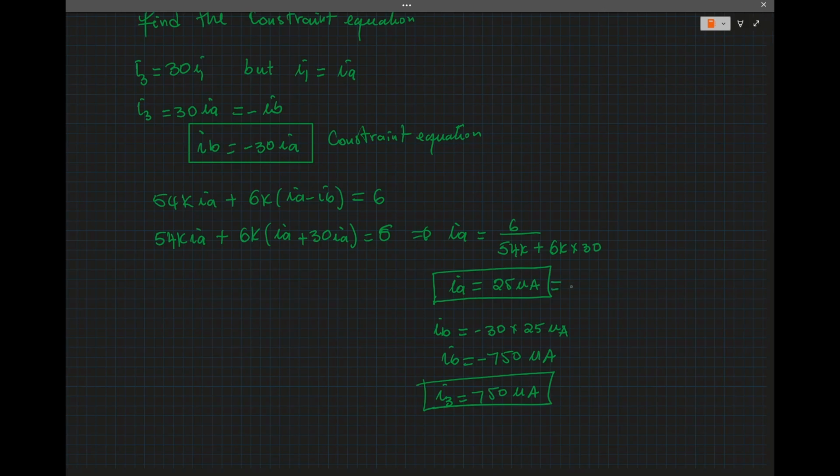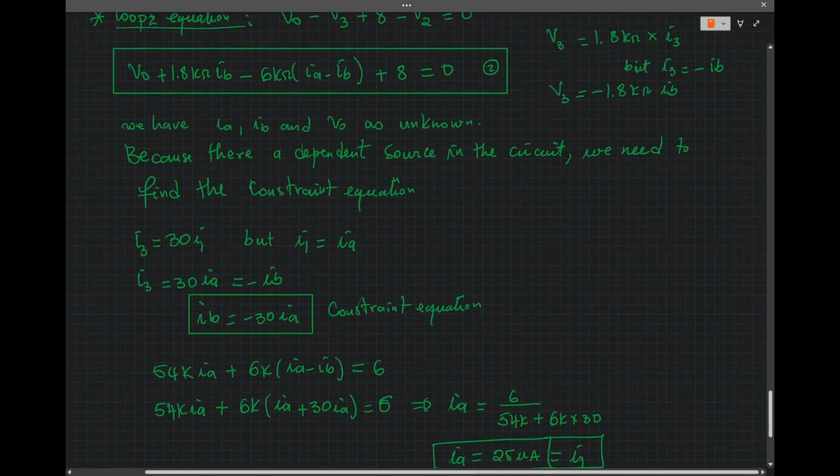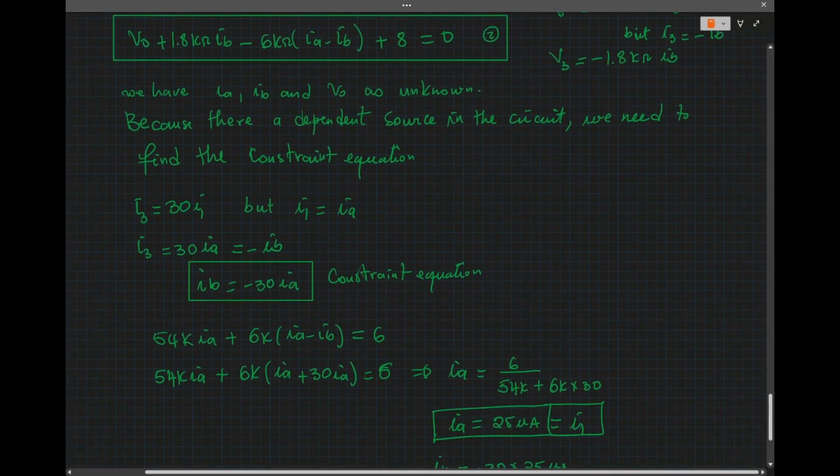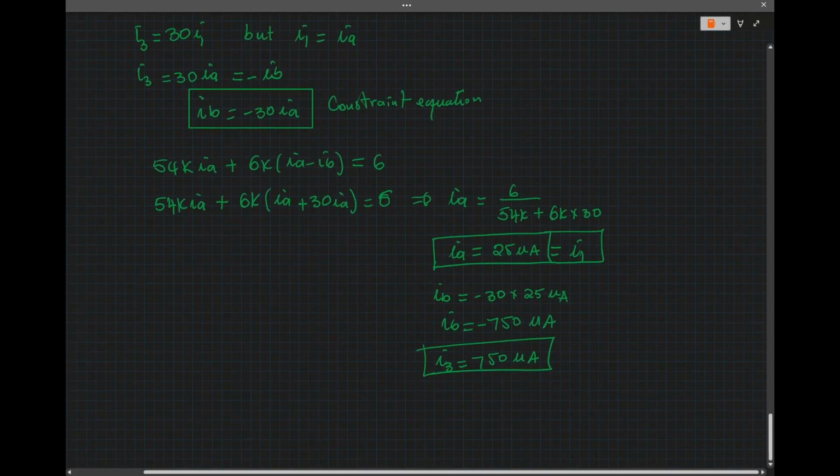So we know this is equal to I1. Then we can use equation number 2 to find V0.